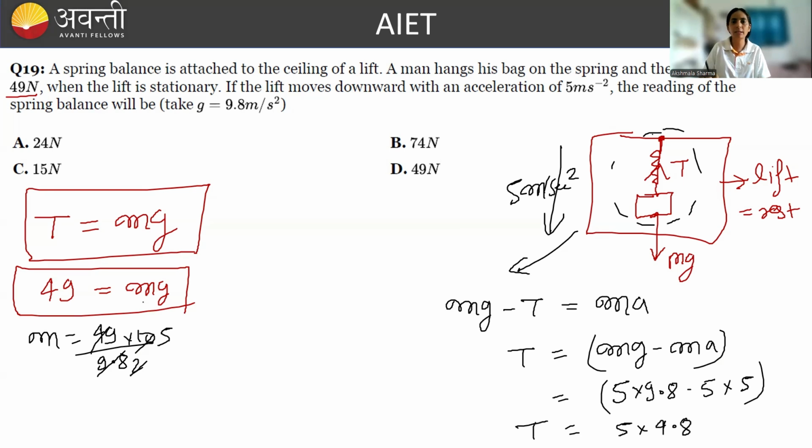So this is going to be the value of tension. If you calculate it, you will get 24.0, so this is 24 Newton. The correct answer will be this. So in this question, the basic thing you have to remember is that the reading of a spring balance is equal to the tension in the spring balance. So this is the point.